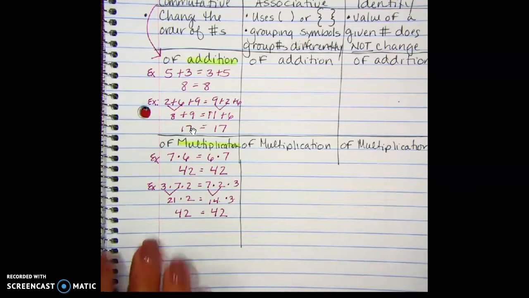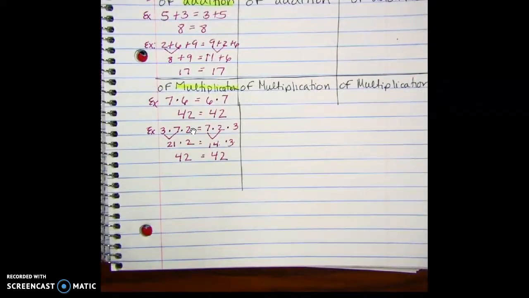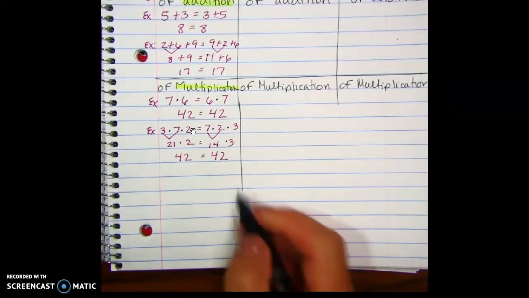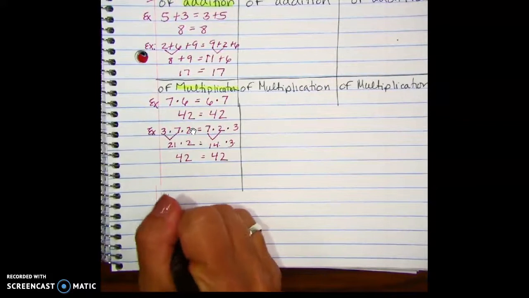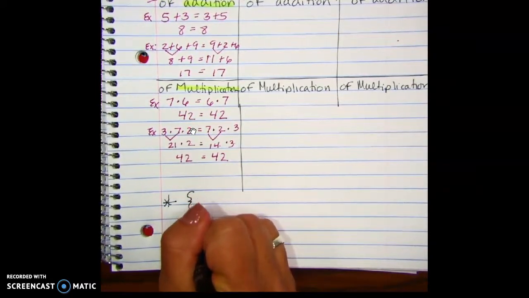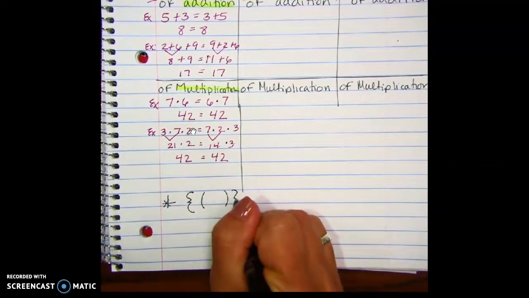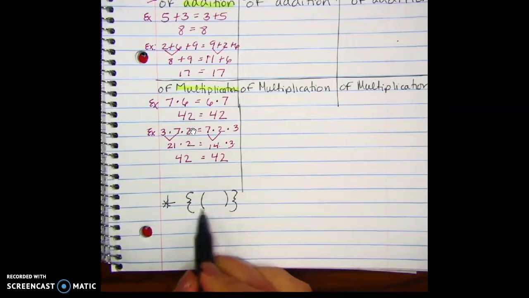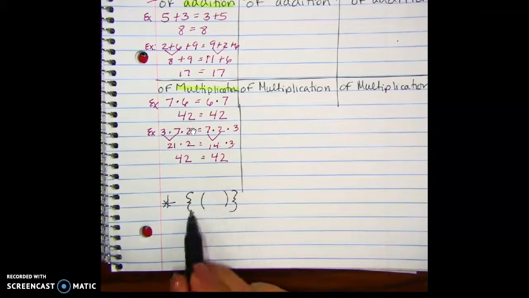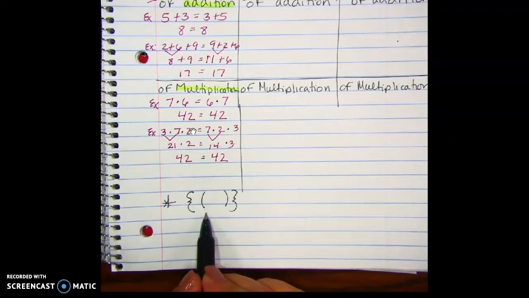Now, before we move on to the associative, I'm going to give you some very important information. So I'm going to put an asterisk down here, and I'm going to show this symbol and this. Okay, so these are parentheses and these are brackets. Okay, these are very important with our next property, and I will show you why.